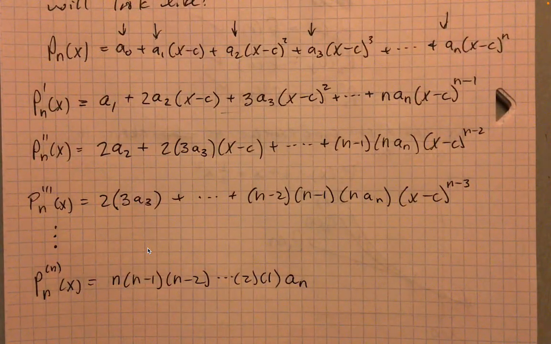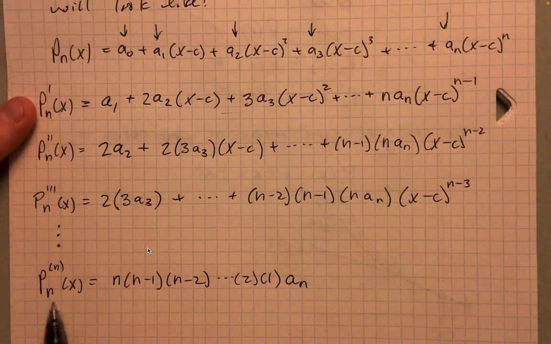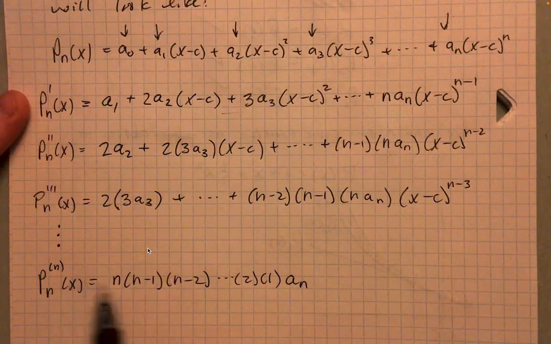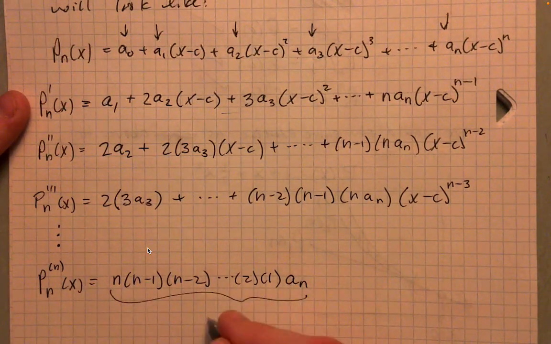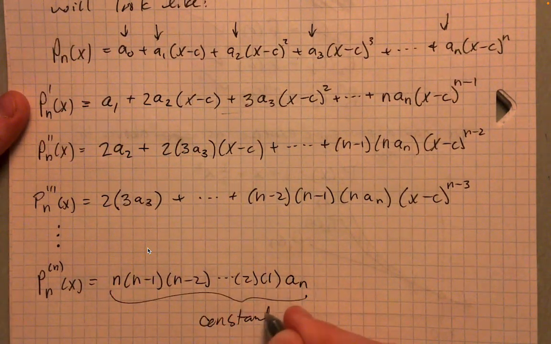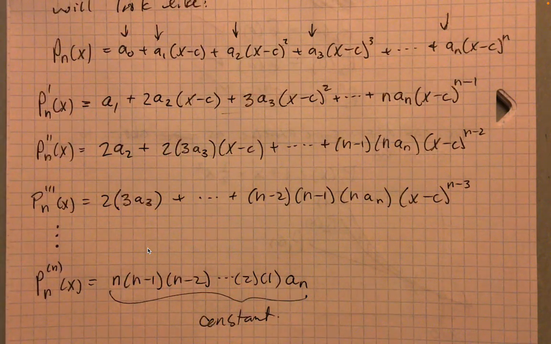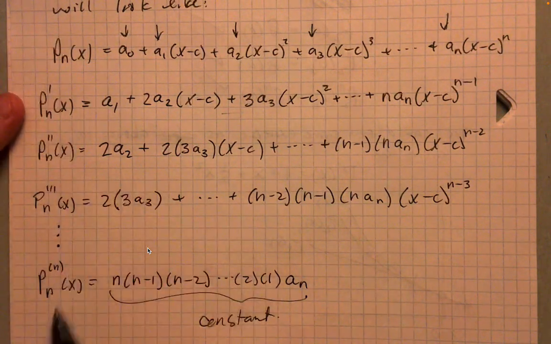Right, so it looks like that. And so the nth derivative of an nth degree polynomial is a constant. So this is just a constant. Okay, so this is the structure that the derivatives all have.